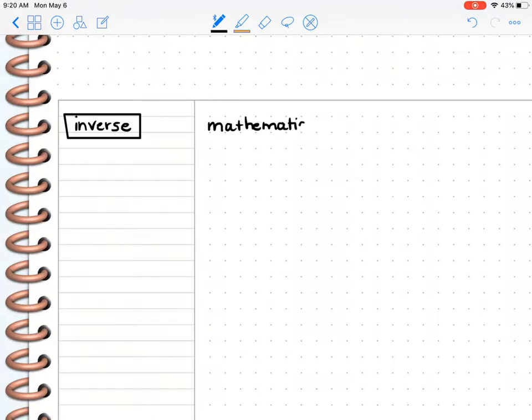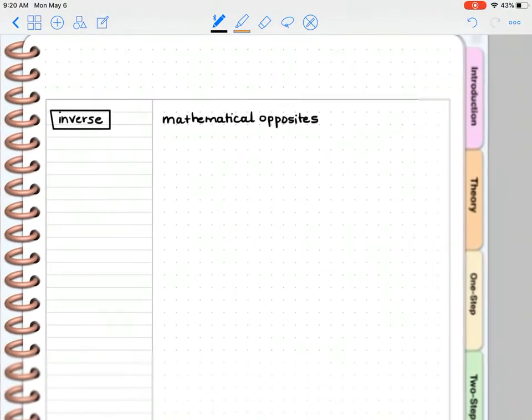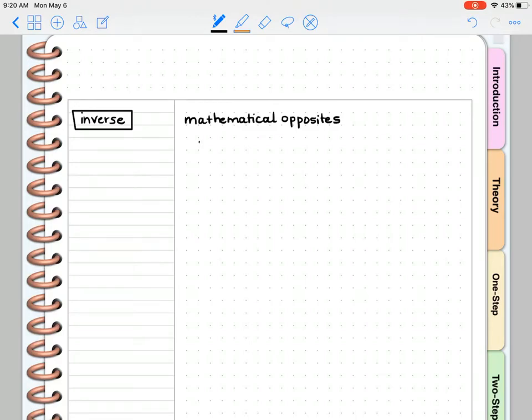Okay, so I'll give you some examples. I'm not going to talk this to death. The examples hopefully will help you to see what I mean. Probably the easiest one to see is the addition-subtraction inverse. So add and subtract are inverses.